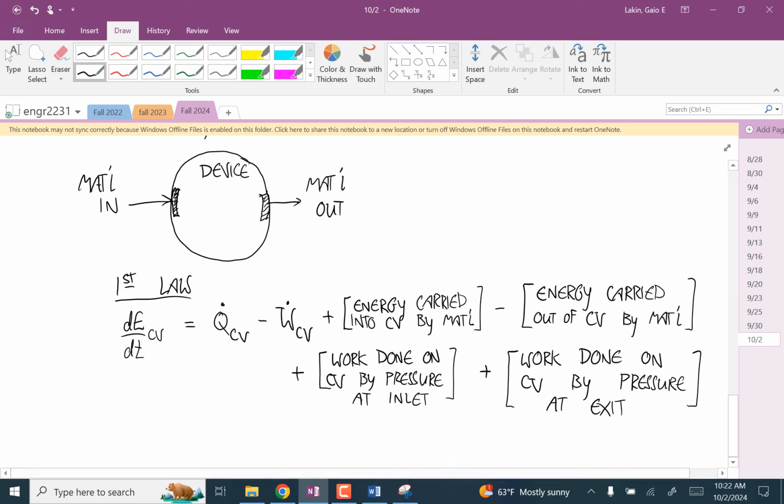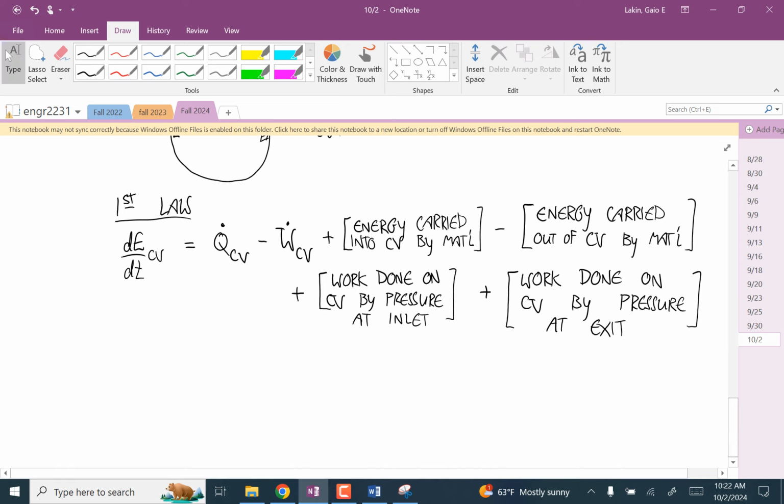Let's word it the same way. Okay, and all we have to do now is mathematically derive these four terms that we don't know what to do with. So the first one is energy carried in at the inlet.